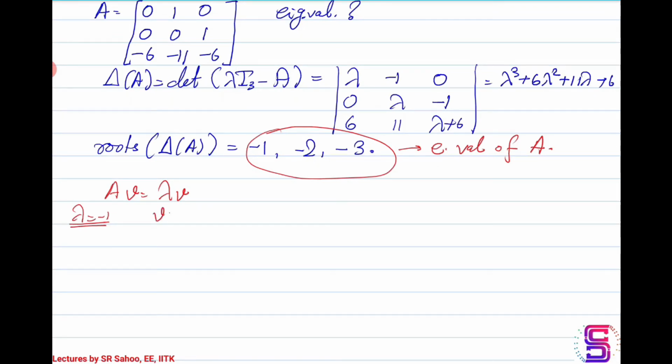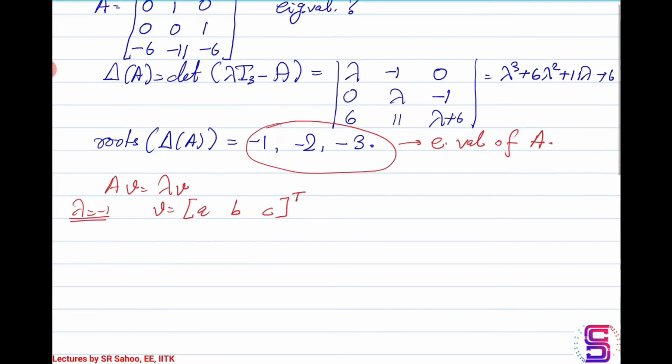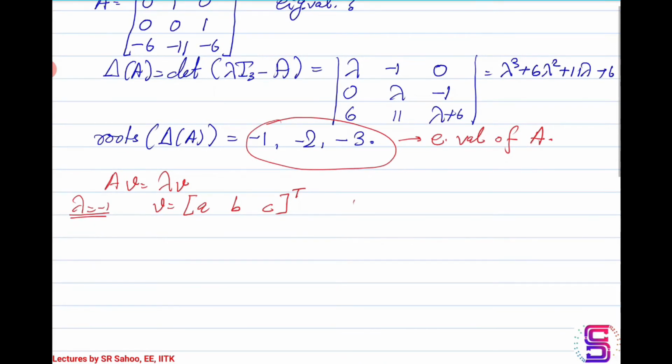Assume that v has this structure. Since the matrix A is real and the eigenvalue obtained here is also real, the vector that we are going to get is also going to be a real vector, and hence a, b, c are going to be real.